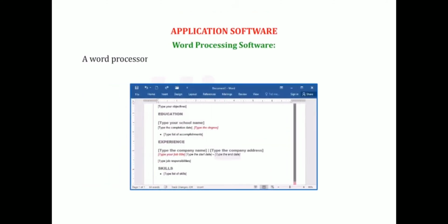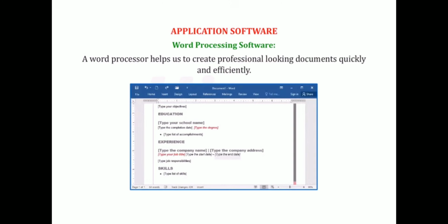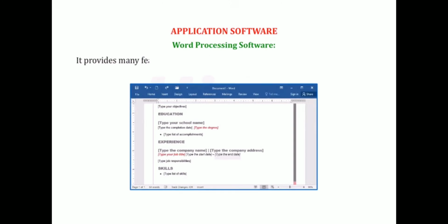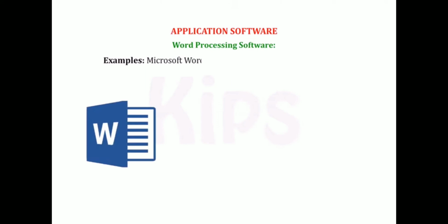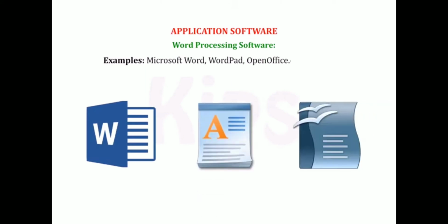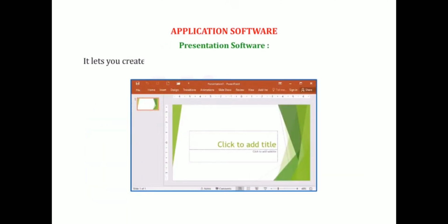Let us have a look at some of the application software. Word processing software. A word processor helps us to create professional-looking documents quickly and efficiently. It provides many features to change the appearance of the text in a desired manner. Examples: Microsoft Word, WordPad, OpenOffice.org Writer, etc. Presentation software. It lets you create slides, charts, animation and video clips in a lively manner.